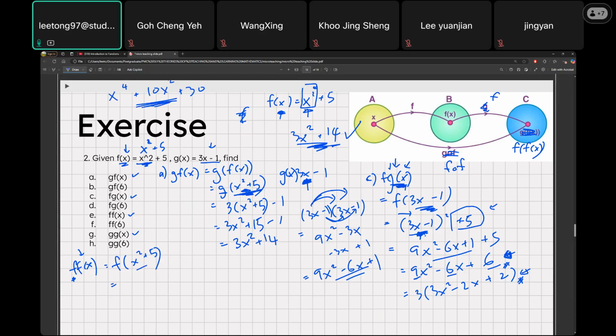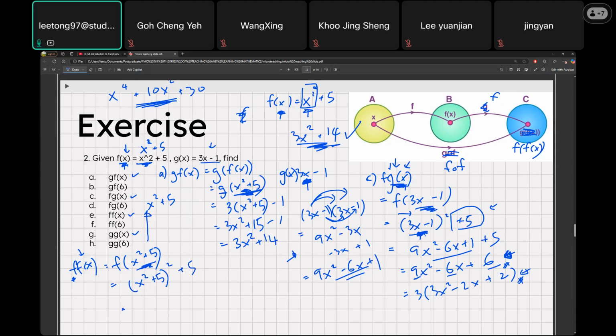X squared plus 5 is your new object for another function f. So in this function f, this object will substitute in this x. So x squared plus 5, you'll need to square another time here, plus 5. So I'll skip this calculation.